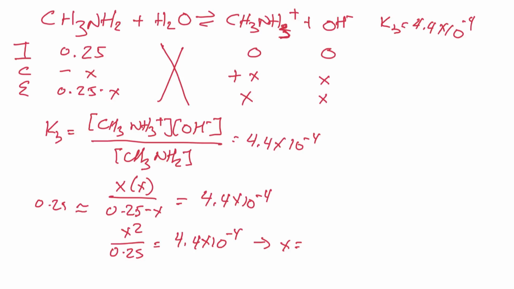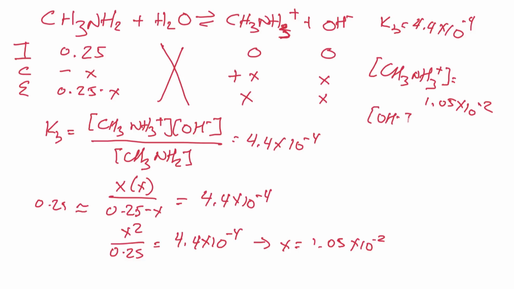If I work this out, I get a value of about 1.05 times 10 to the negative 2. Going back to what x represents, it's the concentration of the cation, the methylammonium ion, and it also represents the concentration of hydroxide ion in this reaction: 1.05 times 10 to the negative 2.